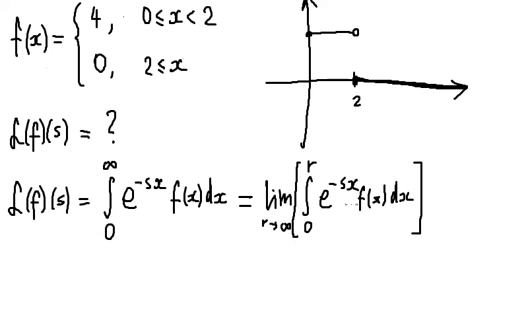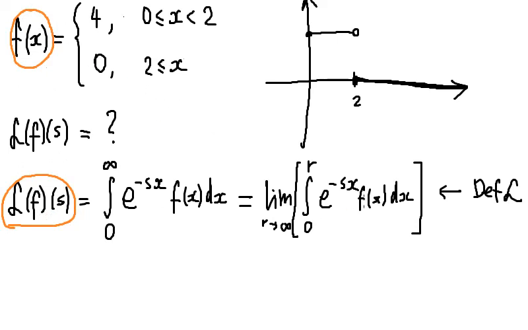Great. So what's next? Well, here we have the definition of the Laplace transform, and here we have the function to which we want to apply the definition. So what we want, of course, is to substitute this f into that expression, making use of the explicit formula for f.